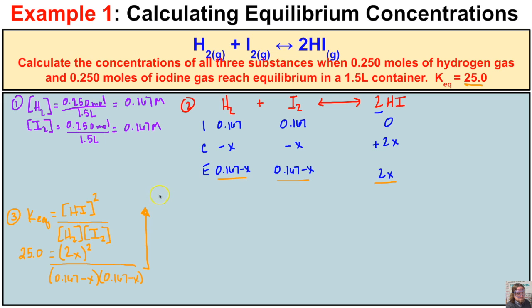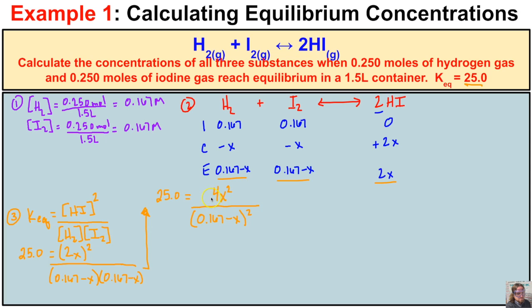And so this looks like we're going to end up with 25.0 equaling 4x squared all over 0.167 minus x also squared.